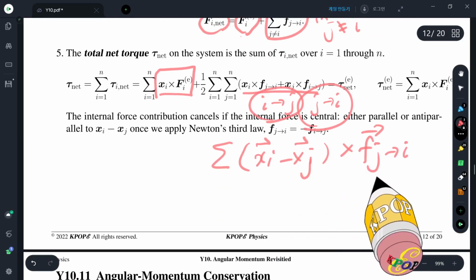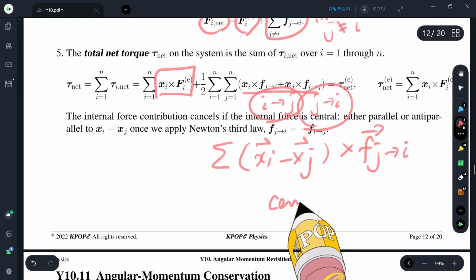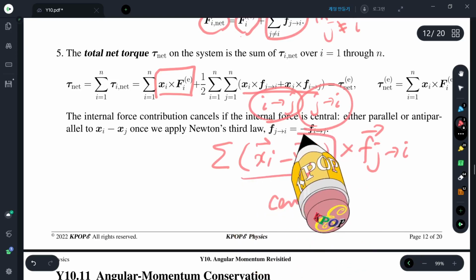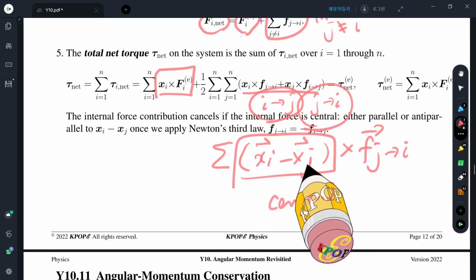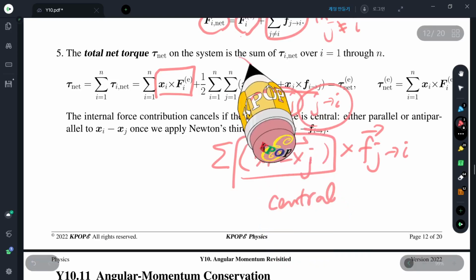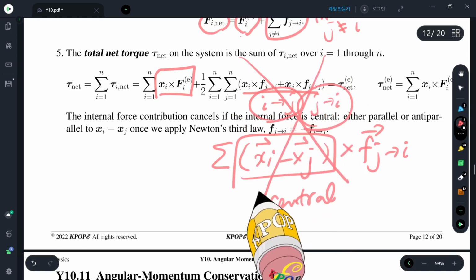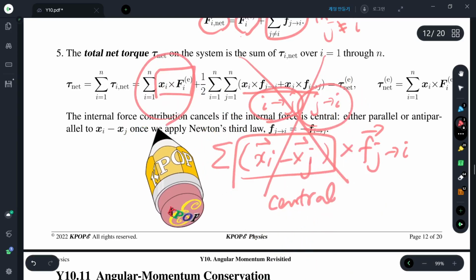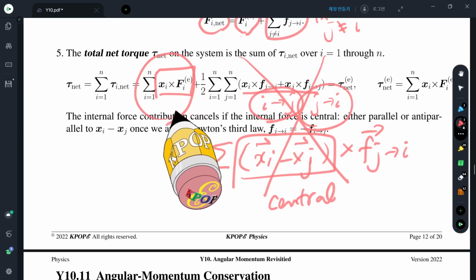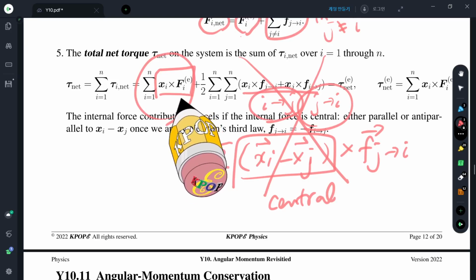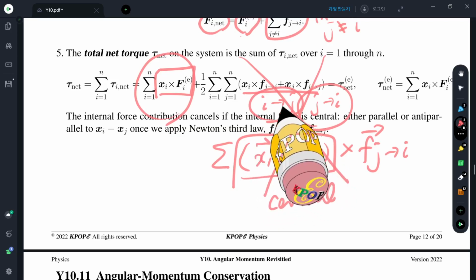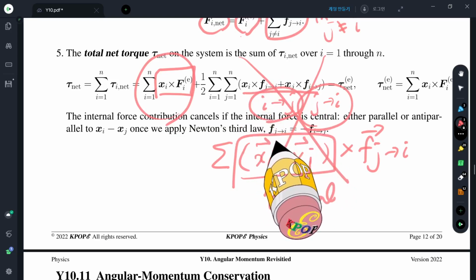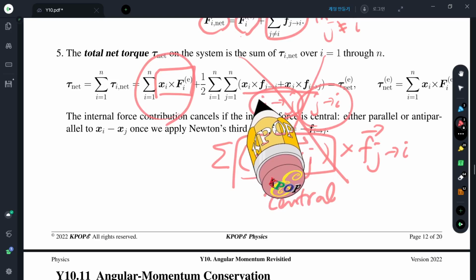If the internal force is central, that means it is parallel to the direction of the relative displacement, then this contribution vanishes. Therefore, the net torque on a system of particles is the same as the net torque due to the external force if the internal forces among the particles inside the system are central.